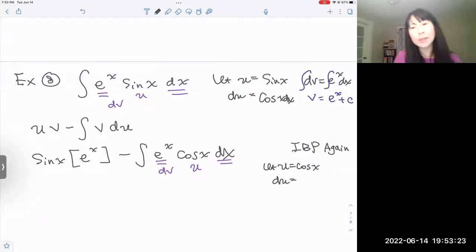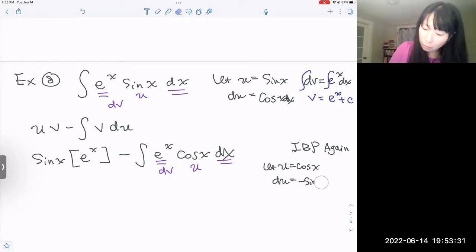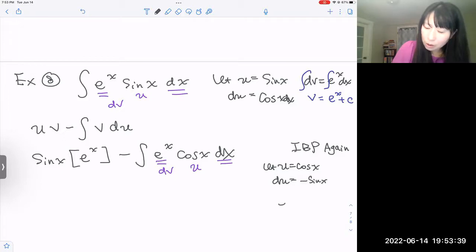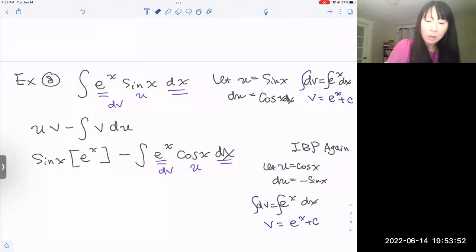Derivative of cosine x, what do you have? Negative sine x. Now we have dv, which is e to the x dx. We find v, which is e to the x plus c.